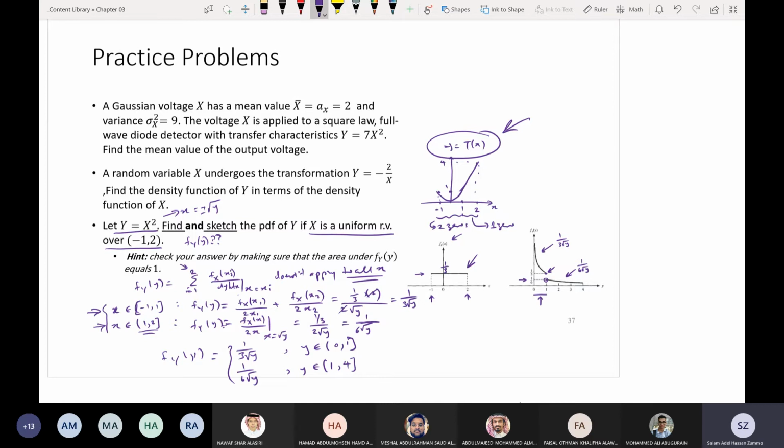Because you cannot just sum blindly for two values, for 2 zeros, over all the range. Because in this range, from 1 to 2, there was only 1 zero. طيب, any question?